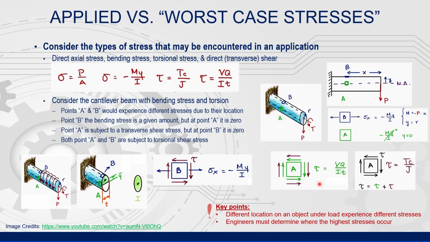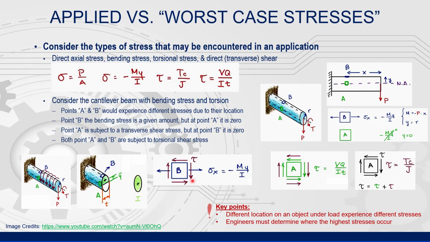At point A, the stress element reflects the maximum transverse shear stress. It also will see torsional shear stress, but it will not see any bending stress. At point B, bending stress and torsional shear stress are present, but the transverse shear stress is 0, and therefore not included on the stress element for point B.